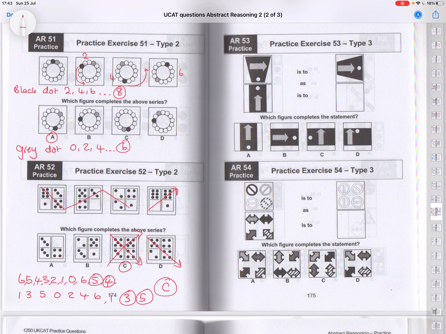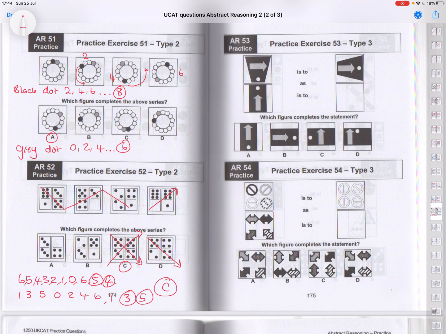Last question of this type before type 3 questions is just another domino question. And this is just about diagonals. As we go through the diagonals, you can see that we go 6, 5, 4, 3, 2, 1, 0, 6. So our next is going to be 5 and 4.